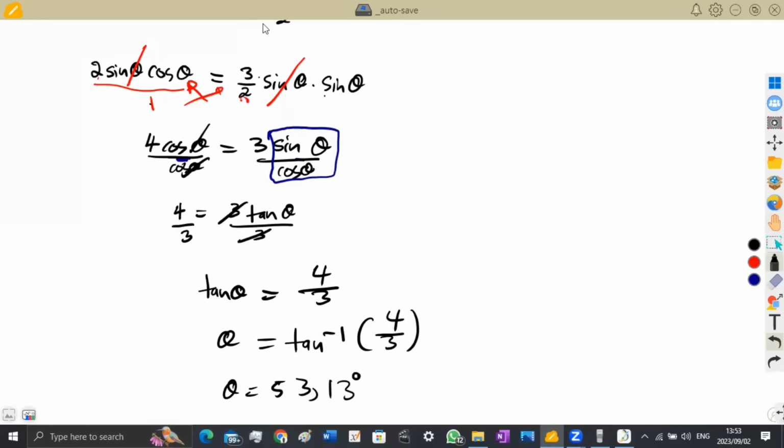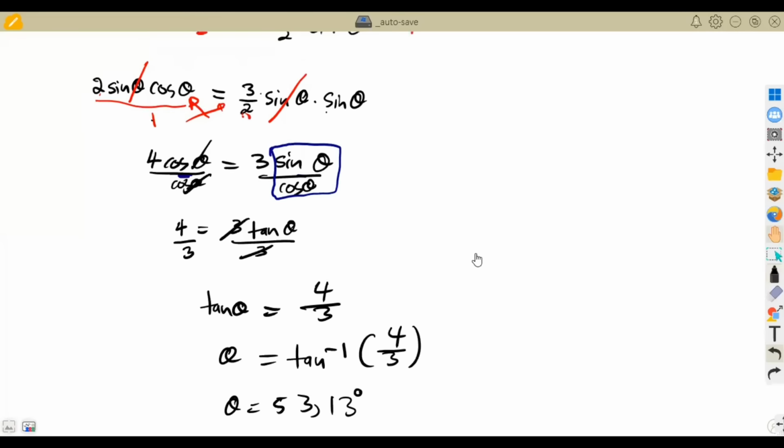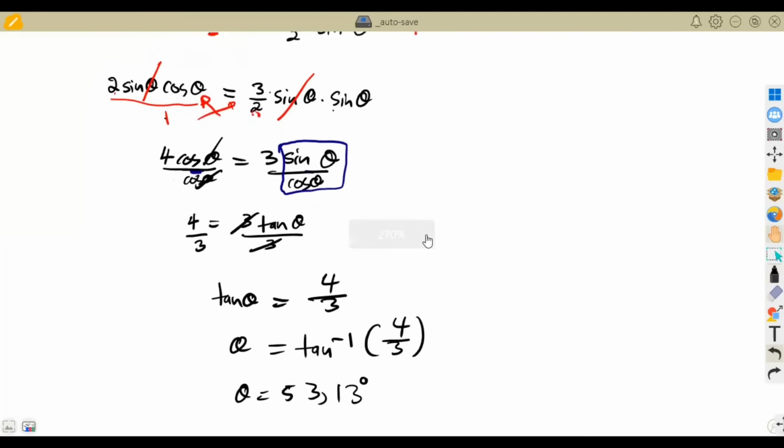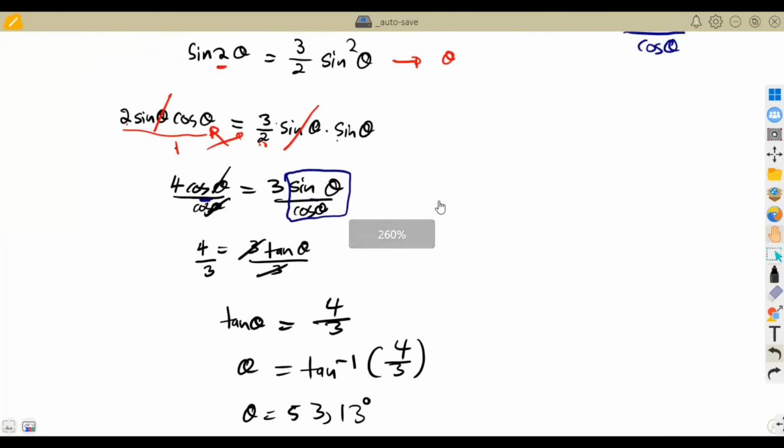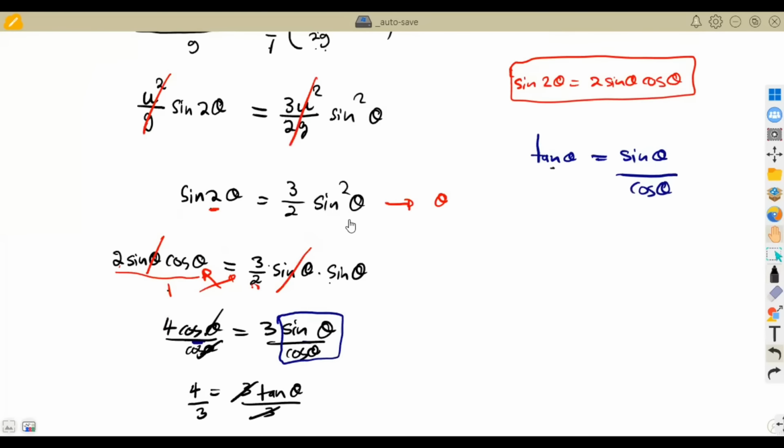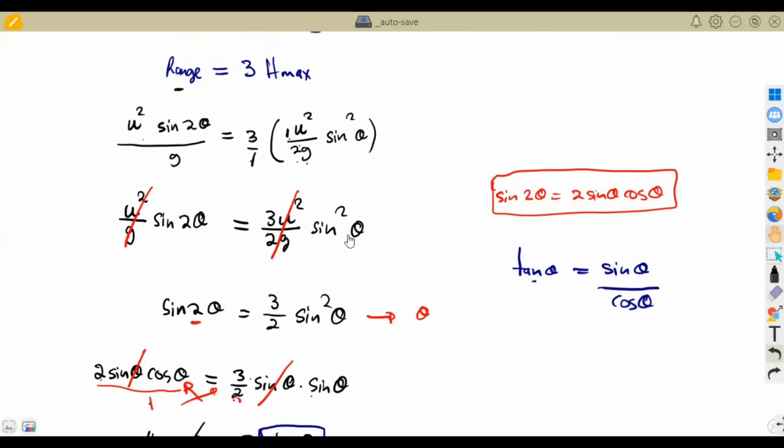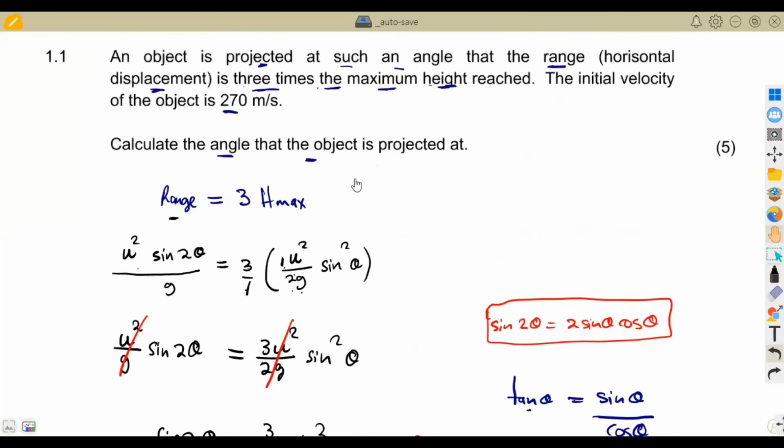So that was the way that we could calculate the angle of the projectile. It's not always that you are going to be given the angle and you just calculate horizontal displacement, vertical displacement, maximum height. They will also need you to calculate the angle, whereby you need to know the relationship between what you are given.